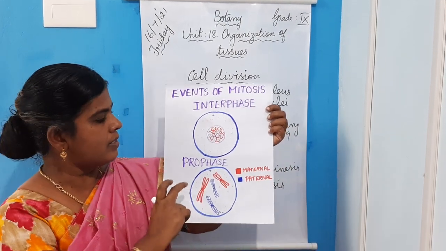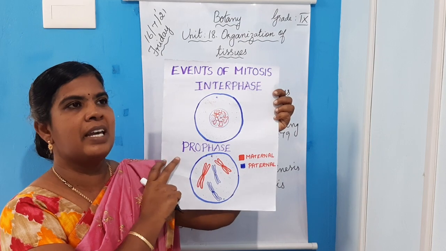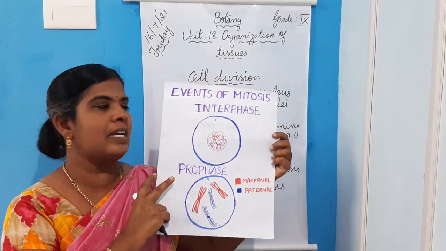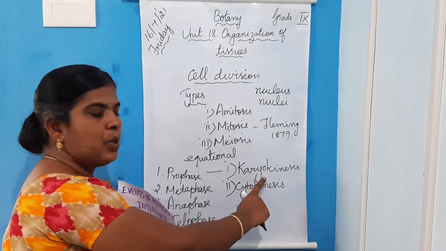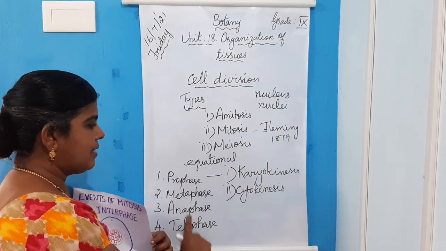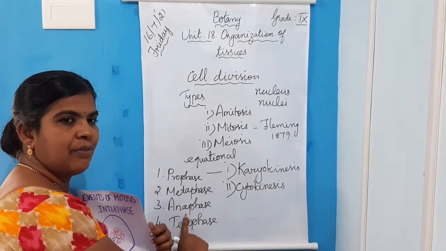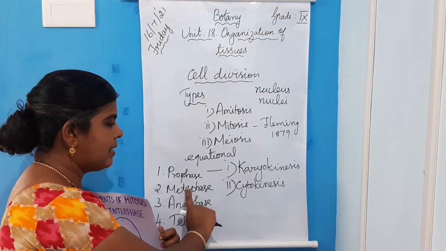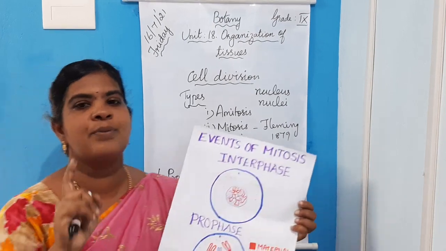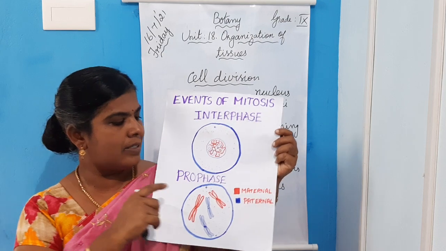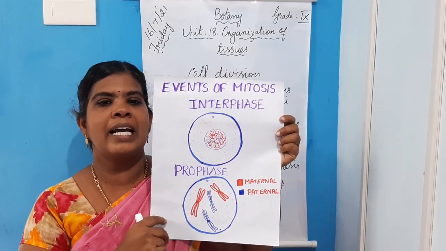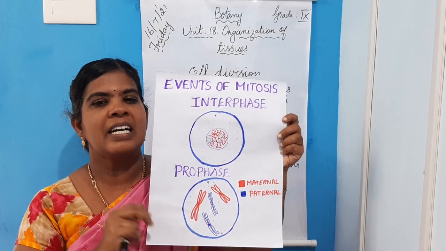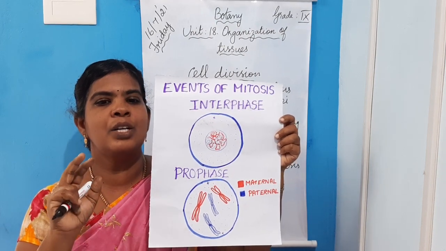So what is the first phase in karyokinesis? Prophase. I already told you karyokinesis occurs in four phases: prophase, metaphase, anaphase and telophase. The first phase is prophase. Pro means first. During this phase, the chromosomes become short and thick, clearly visible inside the nucleus.